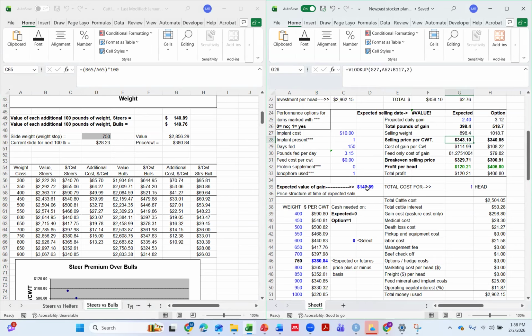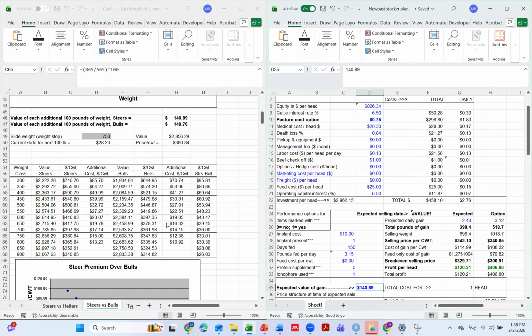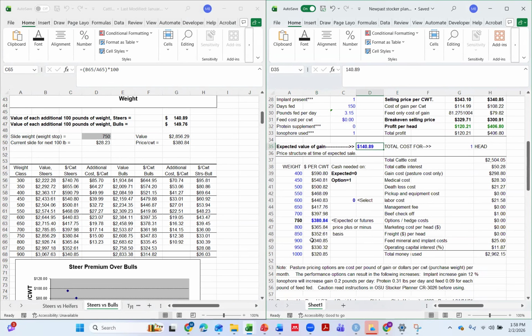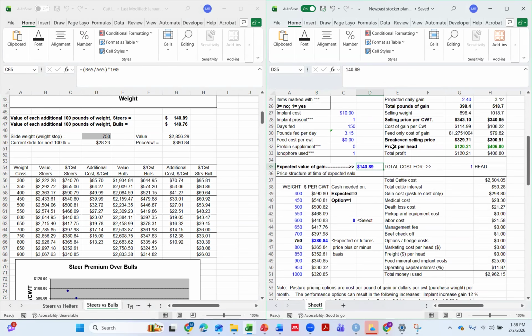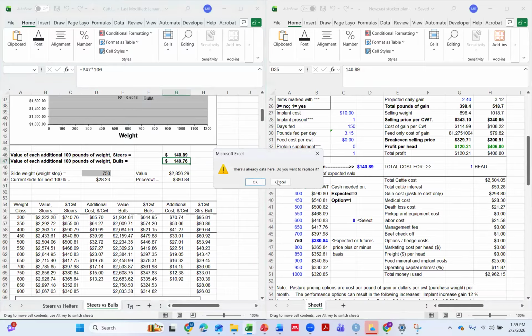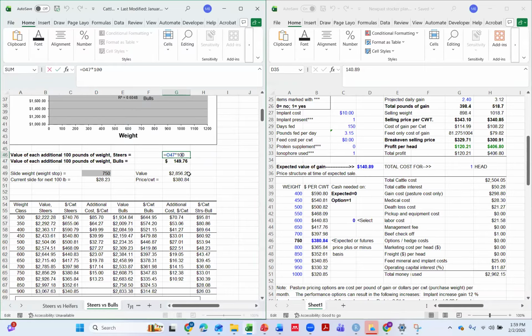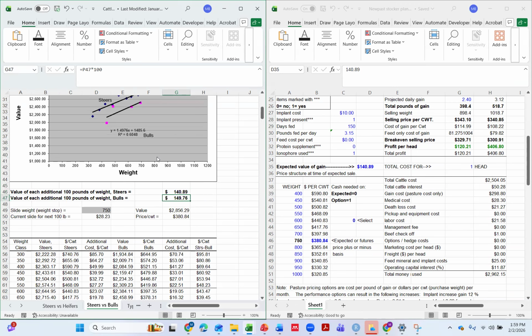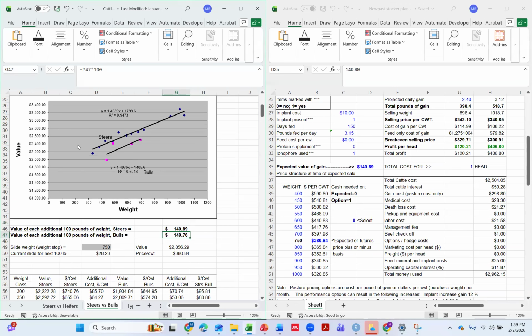So just to say it again, if we want to use this spreadsheet to calculate our expected sell price, we need to enter in our value of gain, which we have here, $140.89, which we can get from the cattle val, which is based off of the slope of that line.